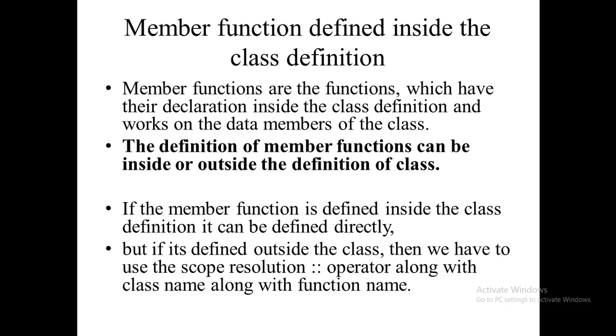Now, what is the scope resolution? The scope resolution operator is basically used for several reasons. For example, if the global variable name is the same as the local variable, then we will use the scope resolution operator. As the name suggests, it defines the scope, right?